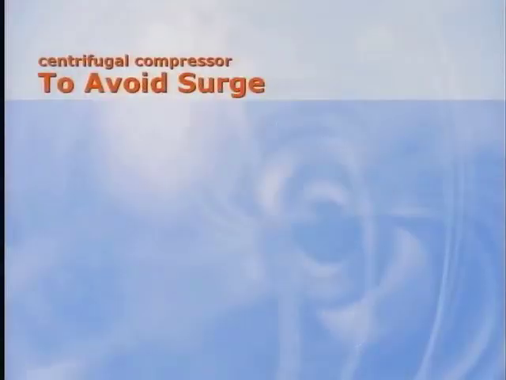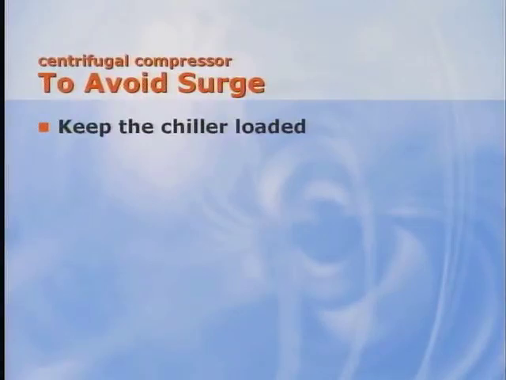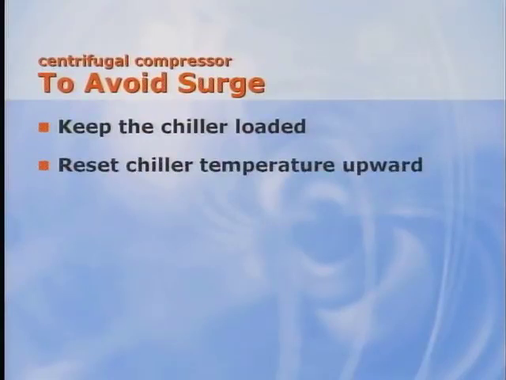To avoid surge on an existing chiller, you can either increase the refrigerant flow or reduce the lift. Sometimes surge on a heat recovery machine is prevented by maintaining a large cooling capacity and high heat rejection through the heat recovery condenser. Sometimes chilled water reset is performed.